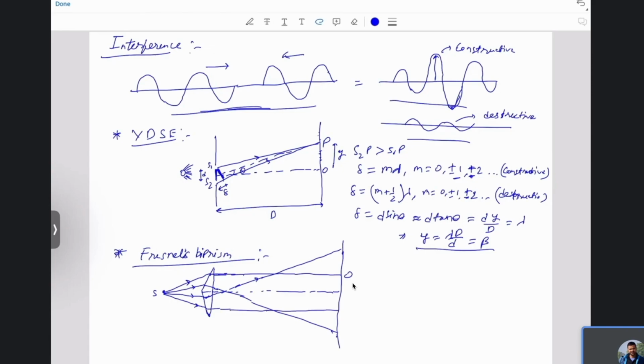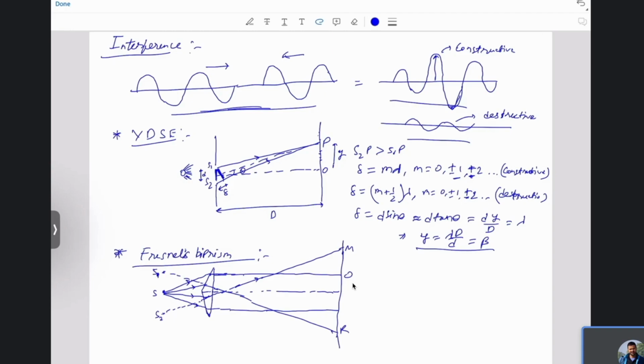Now you see these two lights. Suppose this is N, this is R. It will look like they are coming from these virtual sources S2, and if we extrapolate this, S1.